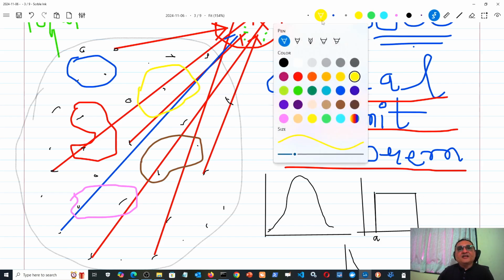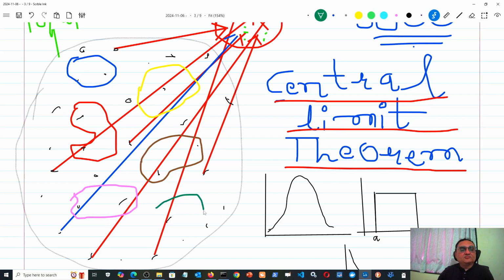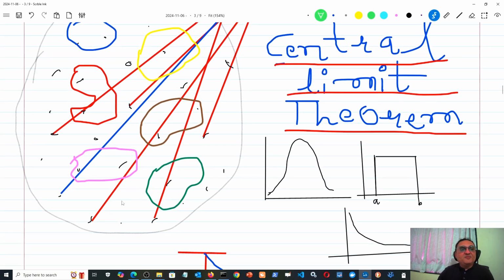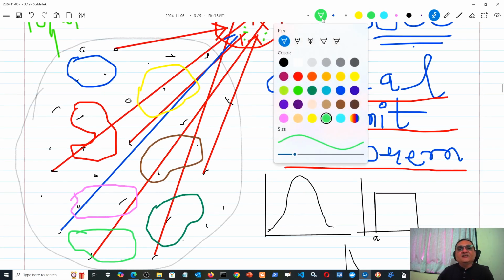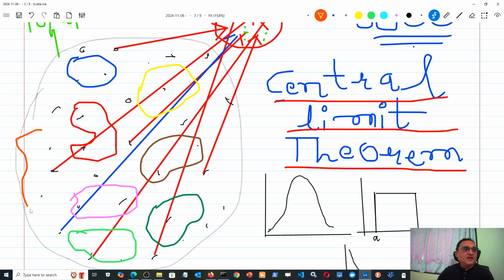Similarly I take a green sample, and you can see that I am taking my samples such that the various samples are independent of each other. Another light green and fluorescent green sample, then maybe an orange sample, and so on.